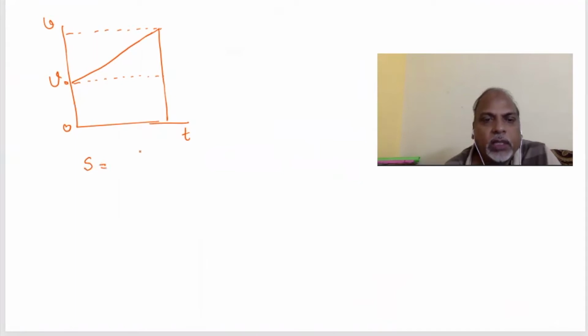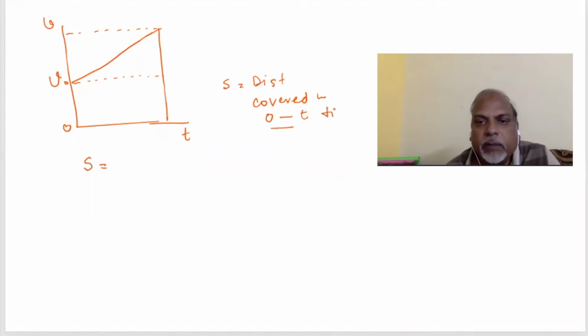So what is the distance it will cover? s is basically the distance covered from 0 to t, time t you can say. As in our previous discussion, the area of this graph should give the distance.